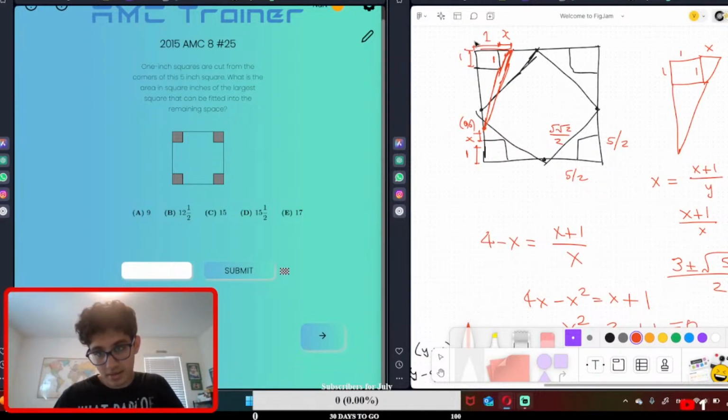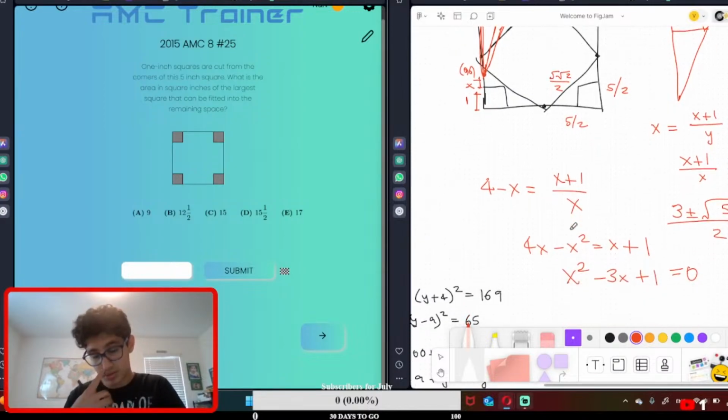Yeah, so this height, this is 1 plus x. And so this part is just 4 minus x. But we also said, since this is x, that this is just x plus 1 over x. So we equated them. We got 4x minus x squared equals x plus 1.